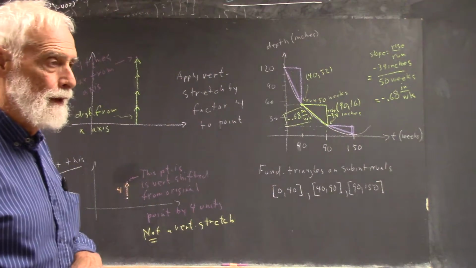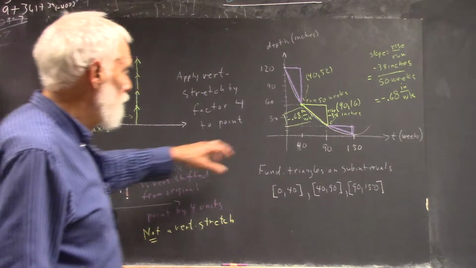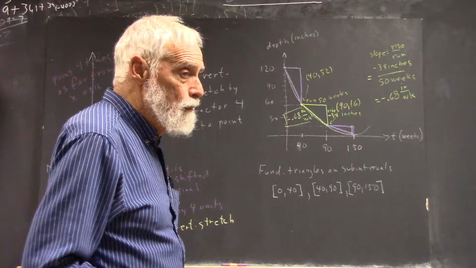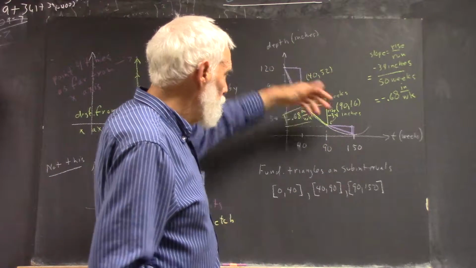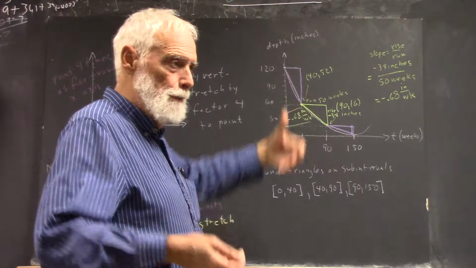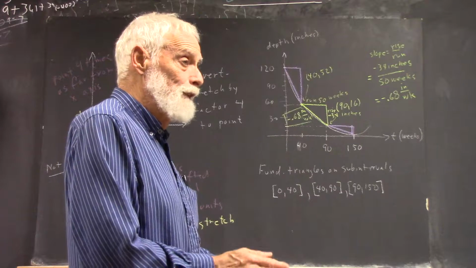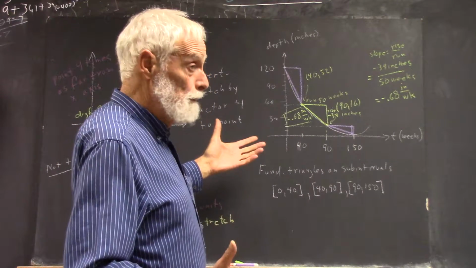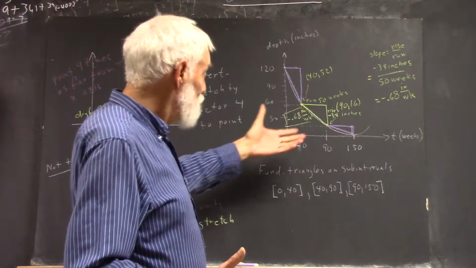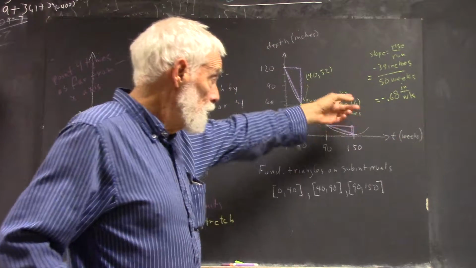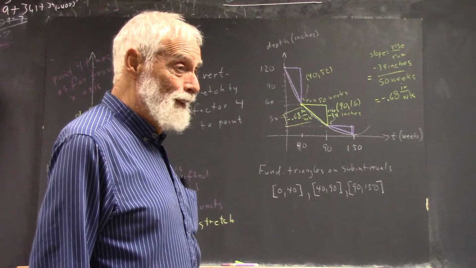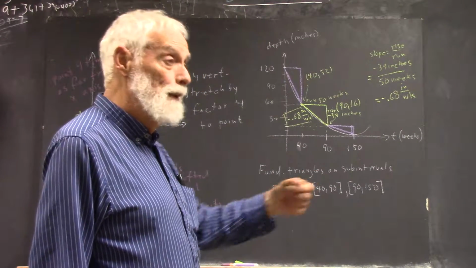I only asked you to completely label one of the triangles, because it gets a little crowded. It's already a little crowded; I should have drawn the thing bigger, just like everybody else should. You get the idea. It's pretty straightforward. And in this case, it's pretty easy to tell me what that negative 0.68 inches per week means. Inches over week means inches per week.